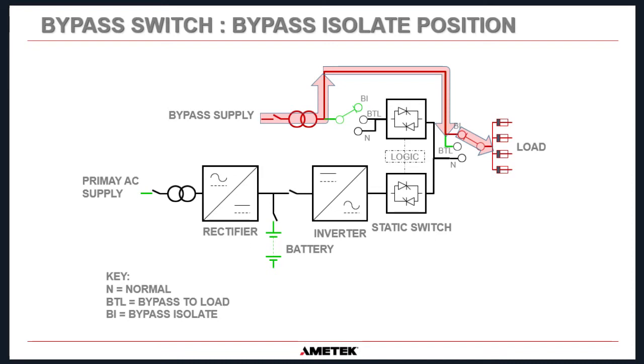What you can do is if you have the system in bypass isolate and you have performed a full lockout tagout on the system, you can actually remove the UPS from the system and replace it with another UPS while the loads are still energized. So it allows you to do very intrusive work on a UPS, including complete replacement, while you still have the bypass supply supplying the load.